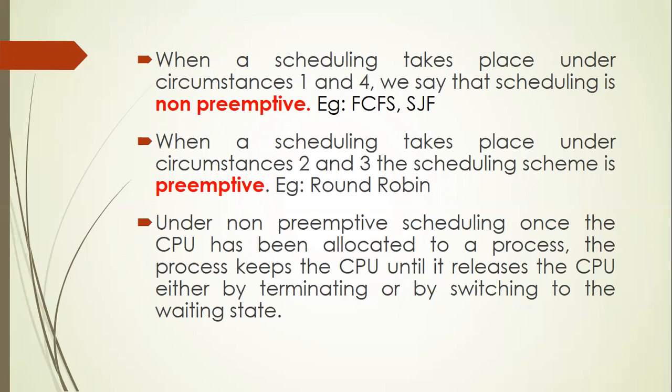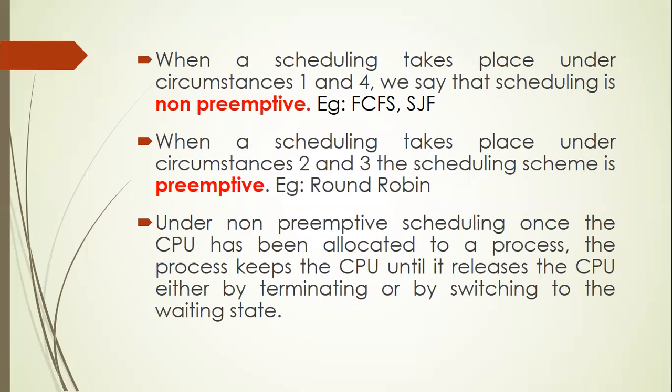To understand the difference between non-preemptive and preemptive, we consider one simple example. In simple terms, under a non-preemptive scheduling policy, once a particular process gets the CPU, that process will give the CPU to the next process only in two situations.